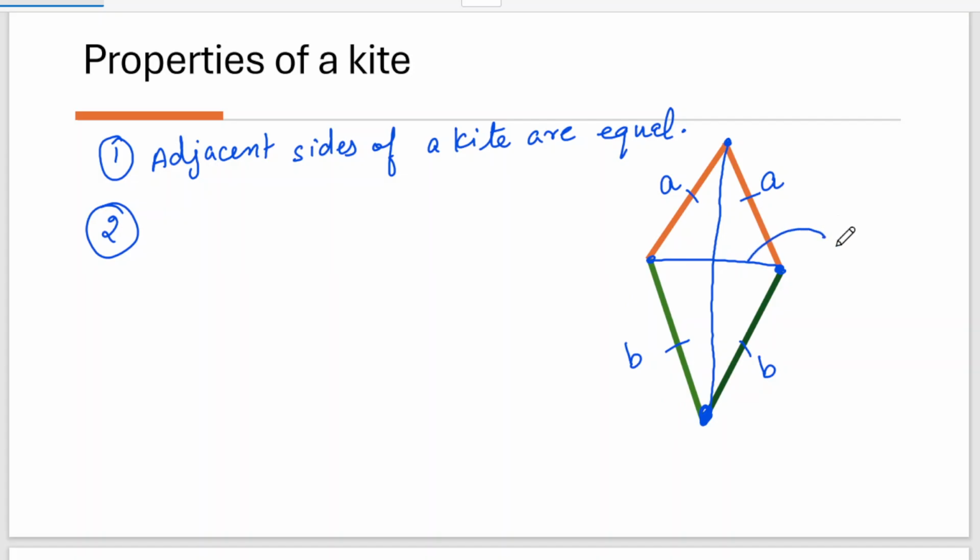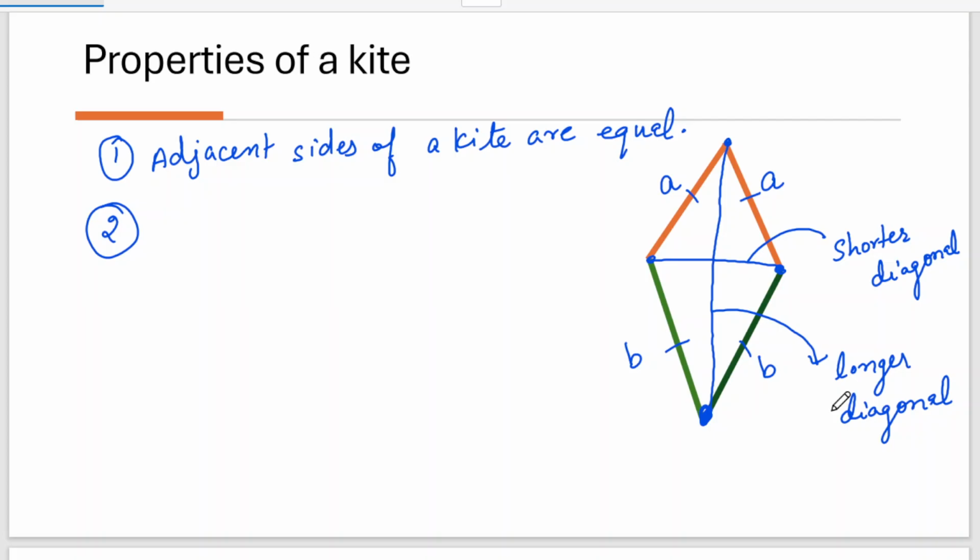This diagonal will be called the shorter diagonal, and this diagonal is your longer diagonal. That means we have two types of diagonals, one shorter and another longer.